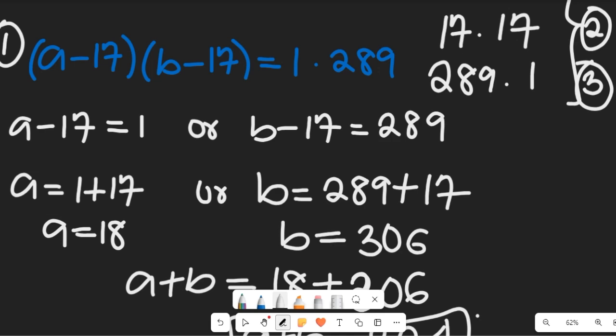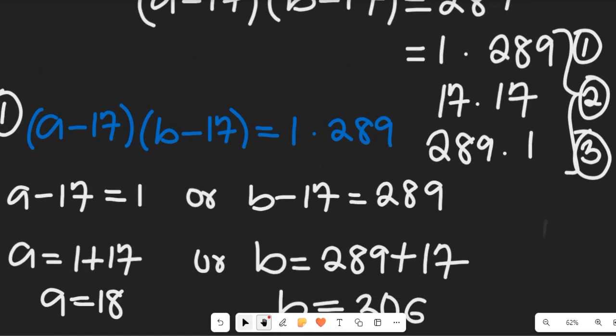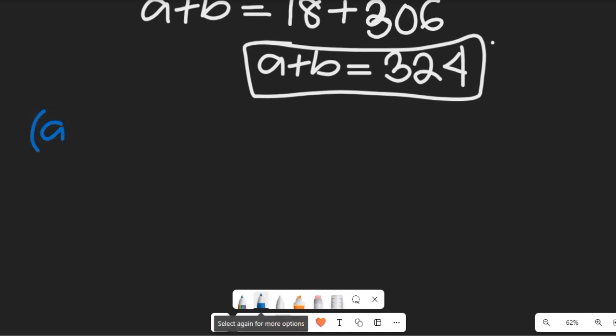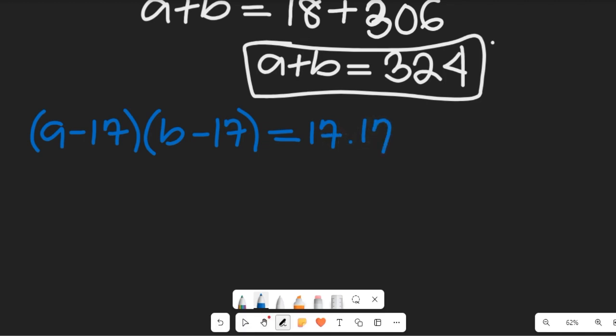Now in case 2, we're going to consider 17 multiplying 17. In case 2, we have A minus 17 multiplying B minus 17, and this is equal to 17 multiplying 17.